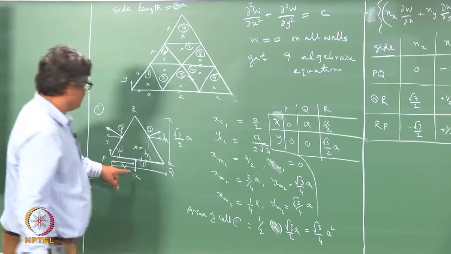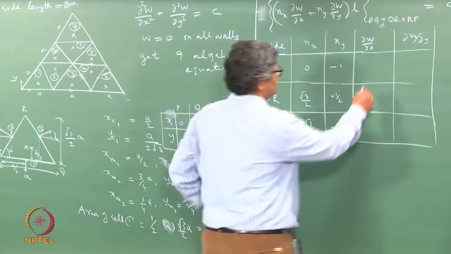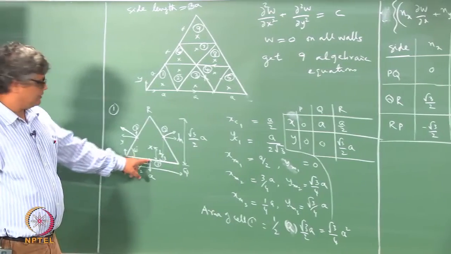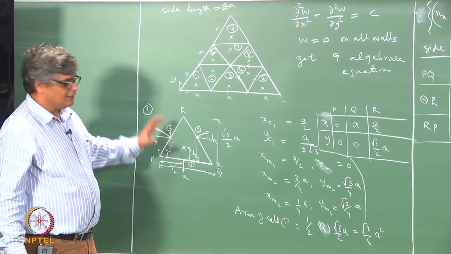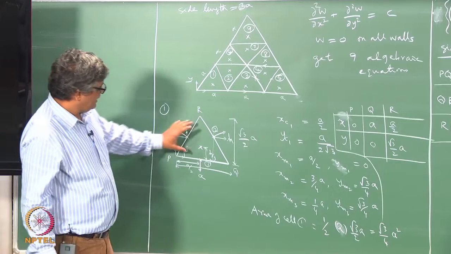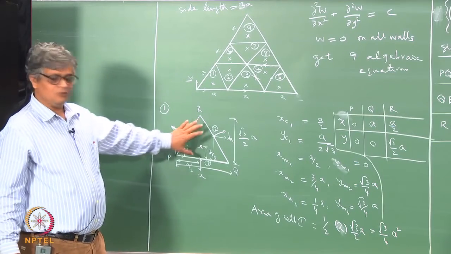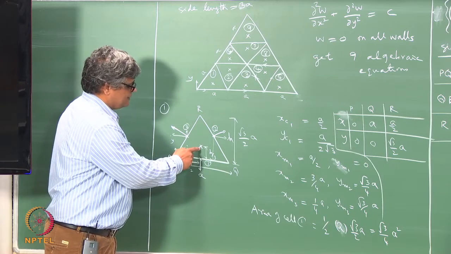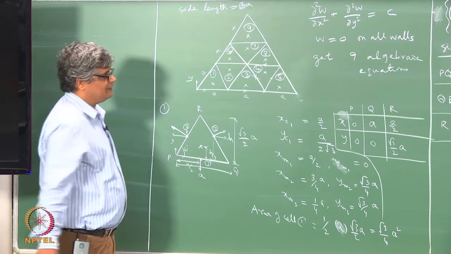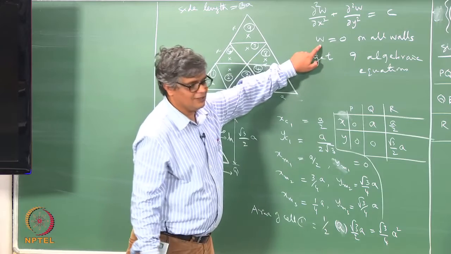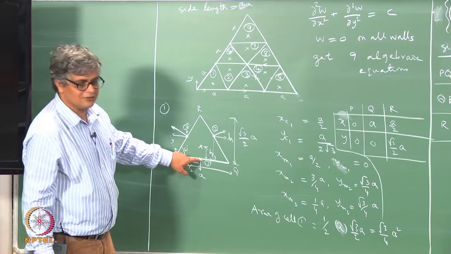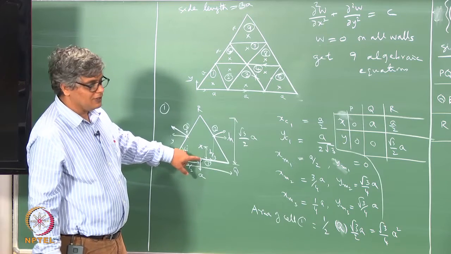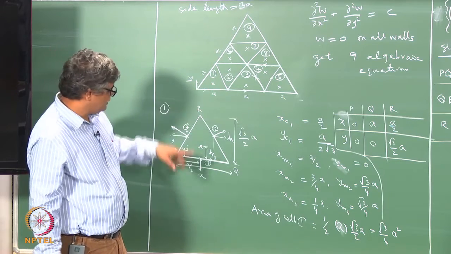And dou W by dou X, since this is 0 here, we don't need to evaluate this. And dou W by dou Y at this point here. So we need to estimate this in terms of known quantities. And when you consider this triangle here, what are the known quantities? This W at this point is being evaluated, and it's also given that W at this point is 0. But unfortunately in the equation we don't need the W at this point, we need to have the gradient dou W by dou Y at this point.